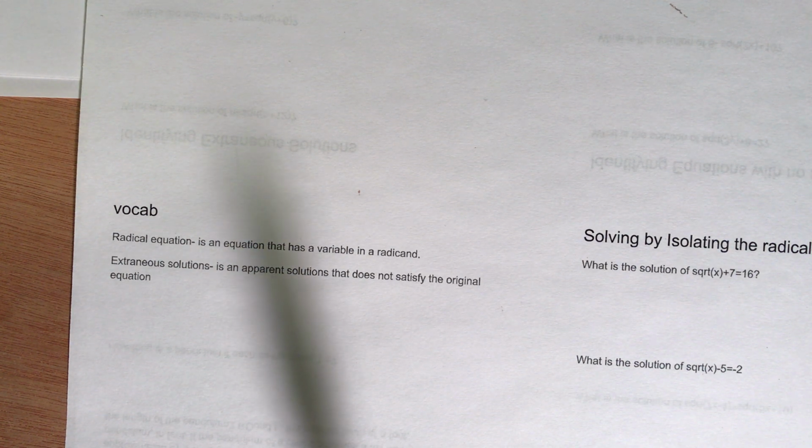Basically, if you're going to end up having an x under a radical, that's a radical equation. An extraneous solution is an apparent solution that does not satisfy the original equation. So when we go back and test these out to see if they work, it will not work.